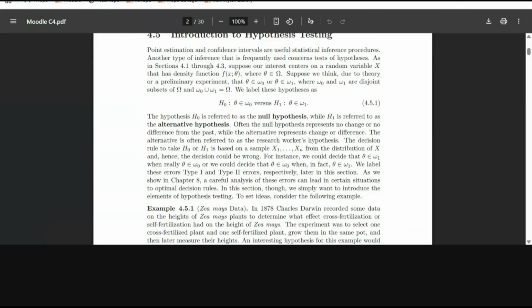The important thing to note is that the space of the parameter values, omega naught, specified under the null, union the space suggested under the alternative, I think they call it omega 1, the union of these two must always produce the entire parameter space. And what the parameter space can be depends on the problem.